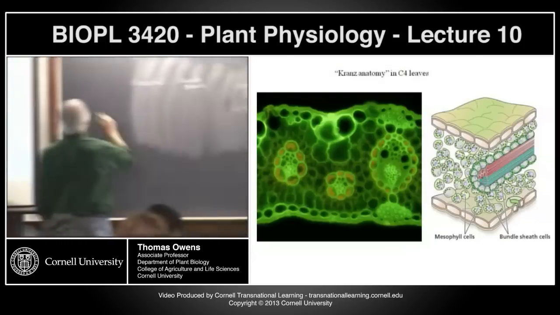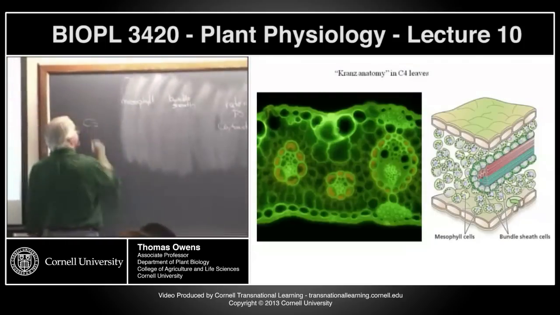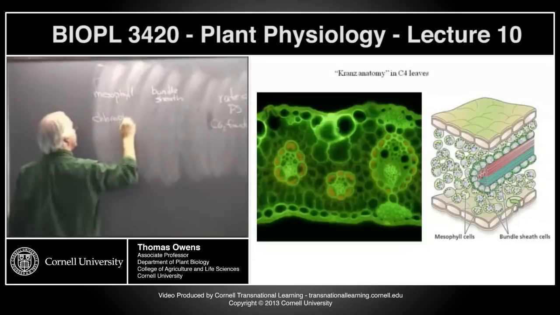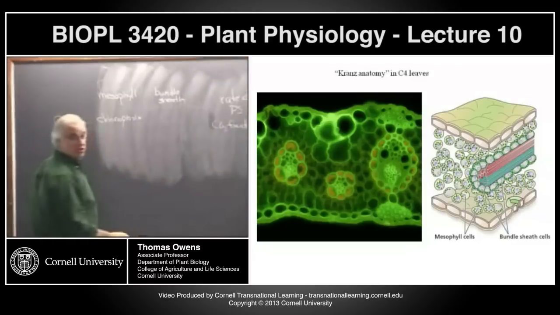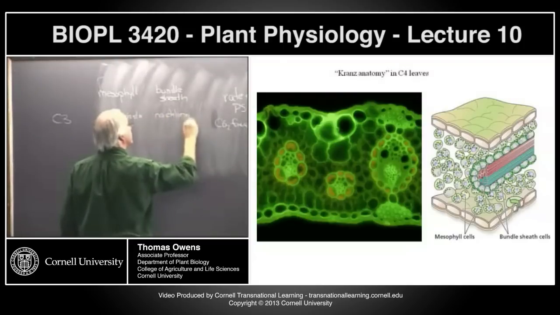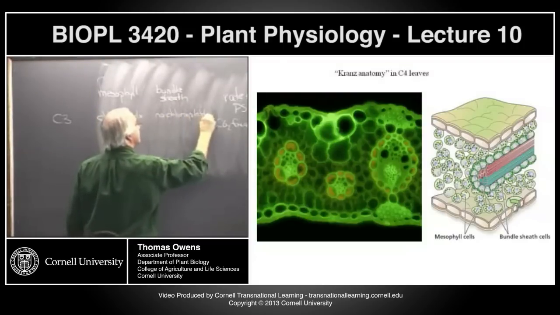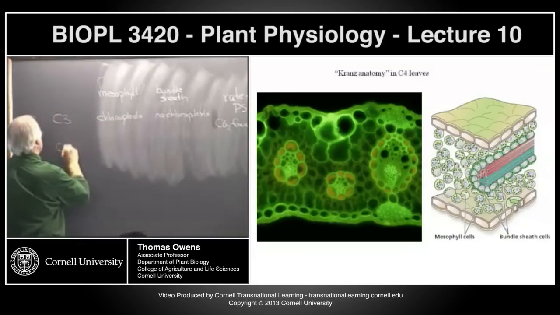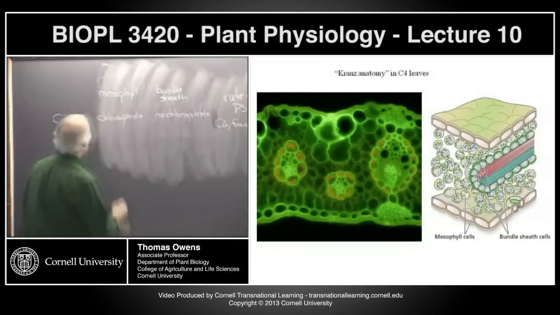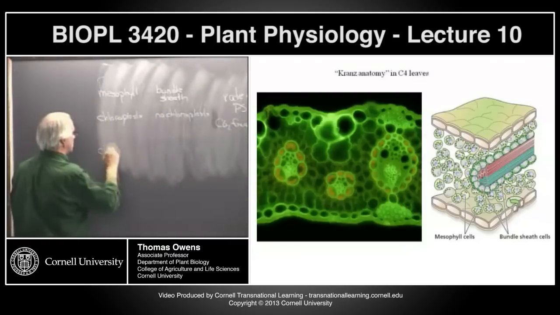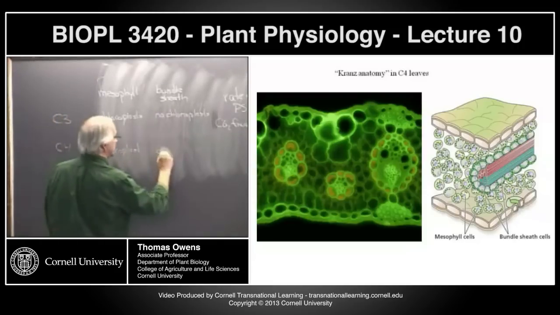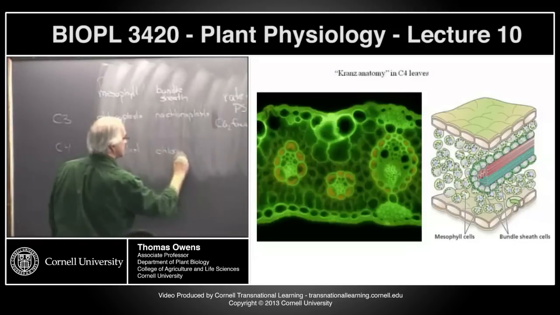So if we look in a C3 plant, the mesophyll cells have chloroplast. The bundle sheath cells have no chloroplast. If you look in a C4 plant, these guys that show oxygen-insensitive photosynthesis, there are chloroplasts in both the bundle sheath and the mesophyll cells.